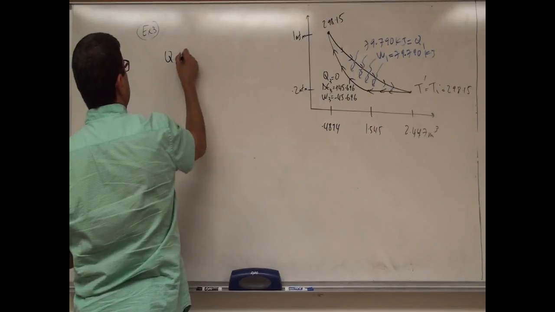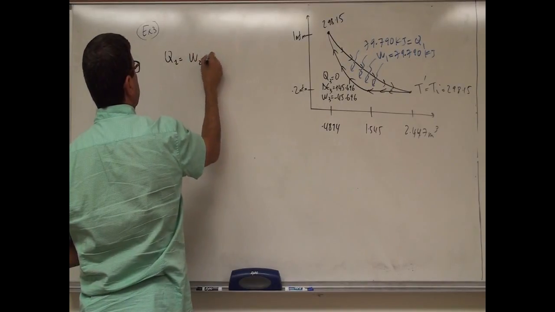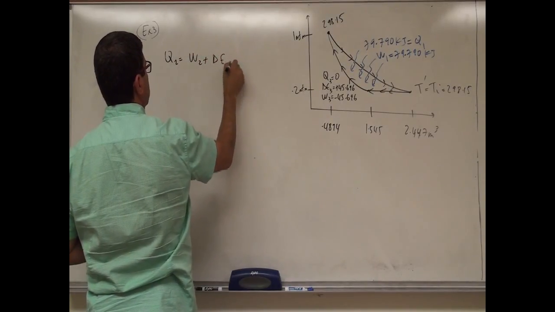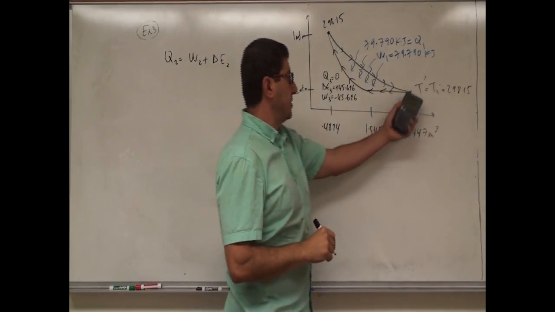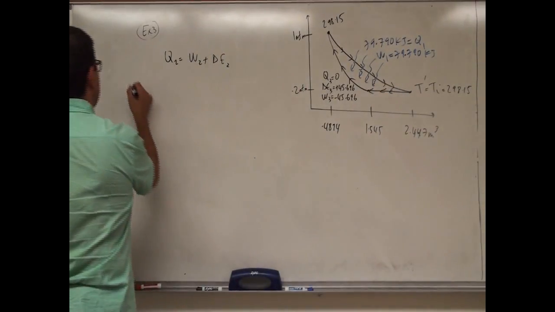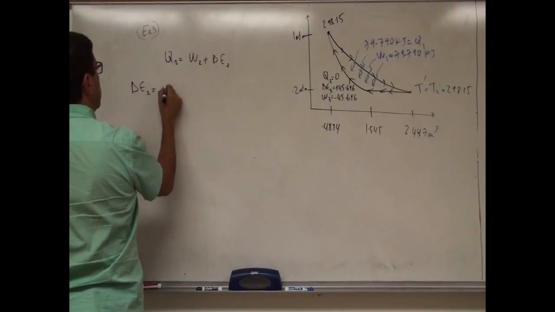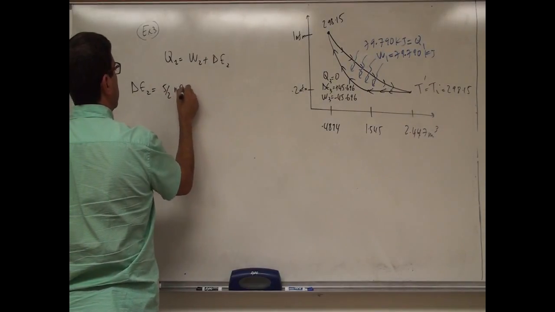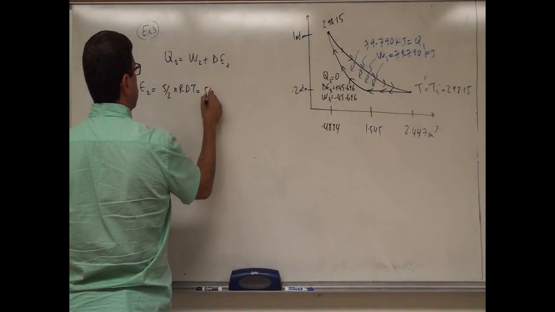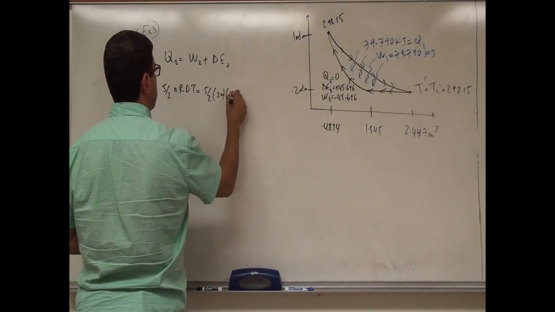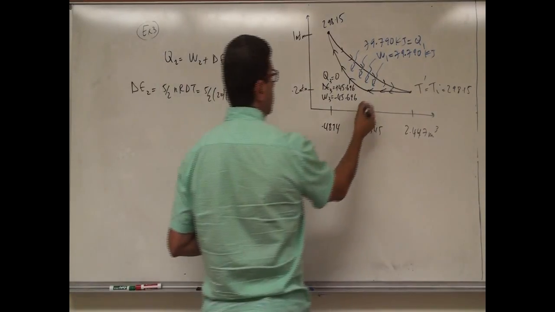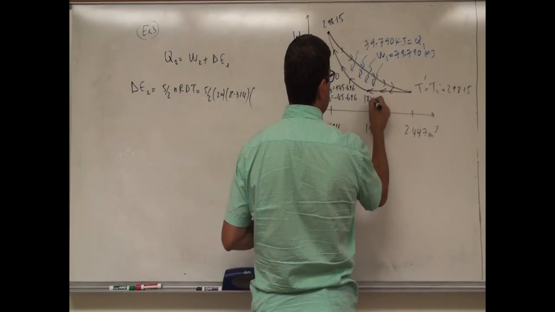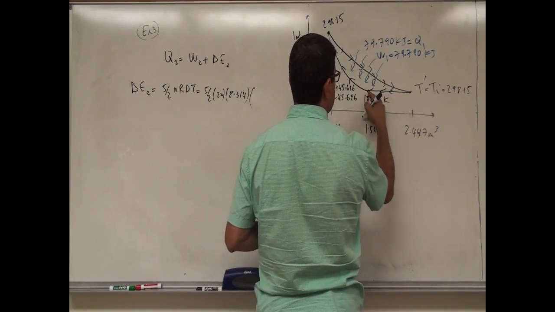Okay, Q2 is going to equal W2 plus delta E2, right? Well, we can calculate each one separately because the delta E2 is going to be equal to 5 halves nR delta T, 5 halves times 8.314. Okay, the temperature that it has here, remember, was 188.25 Kelvin, right?